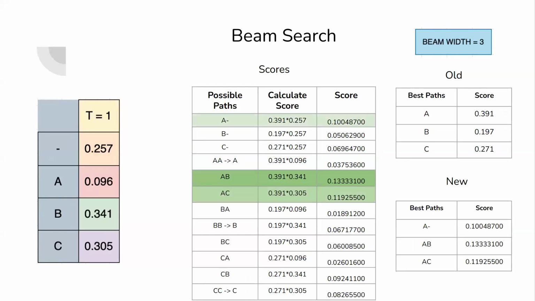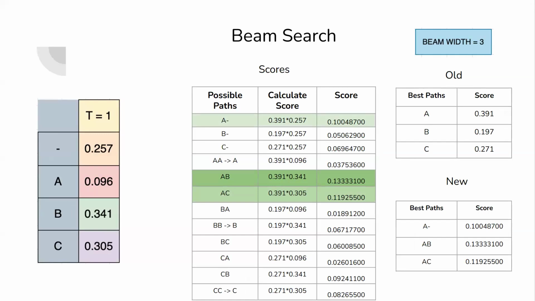This one. Yes. I can see that in the calculation of the score, we are multiplying by the same 0.257. You said it is the probability of this token to be chosen as the next in the sequence.